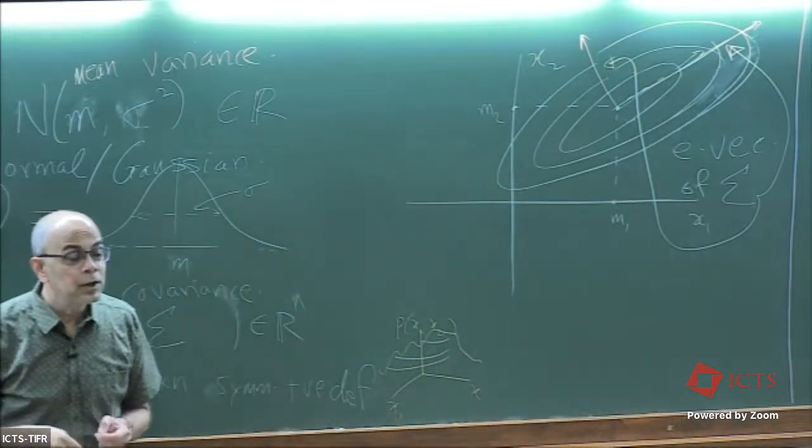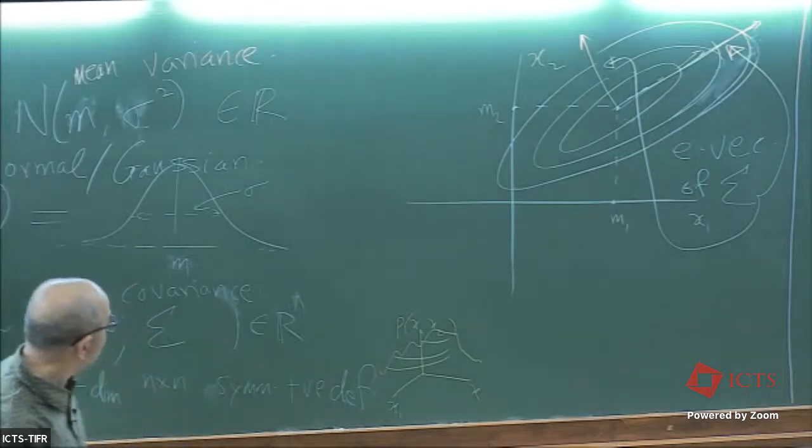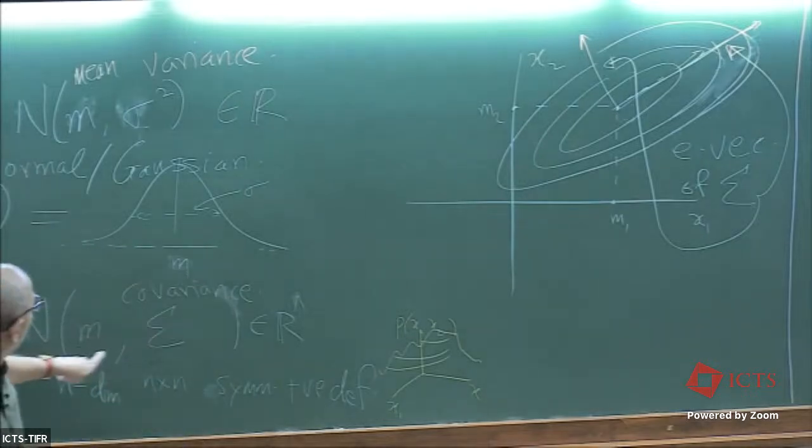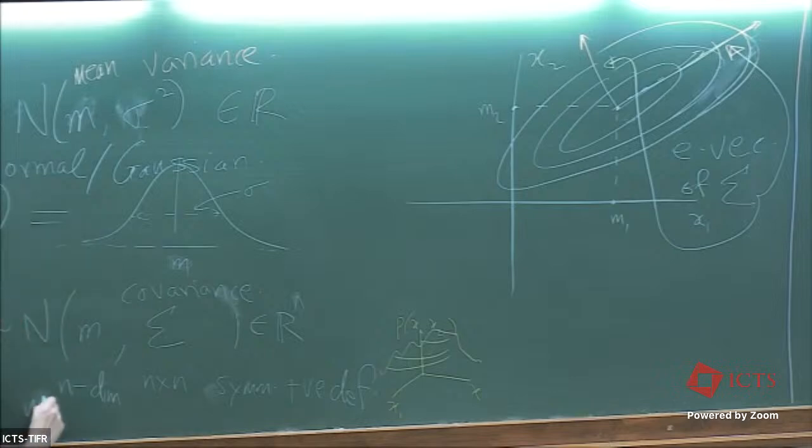And the means are different, so that's why m1 and m2. So I put the components. So m, I'm writing as a vector m1 comma m2, the two means. They will be different as well. They need not be the same. They could be different.